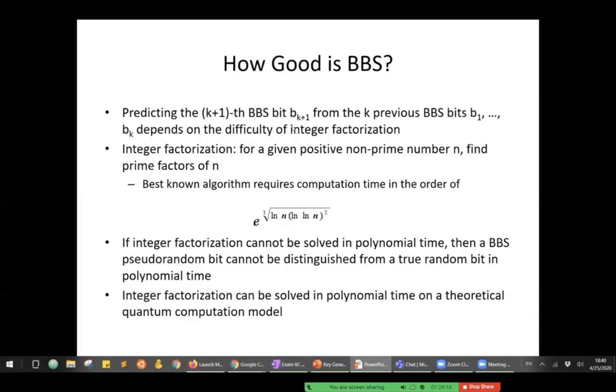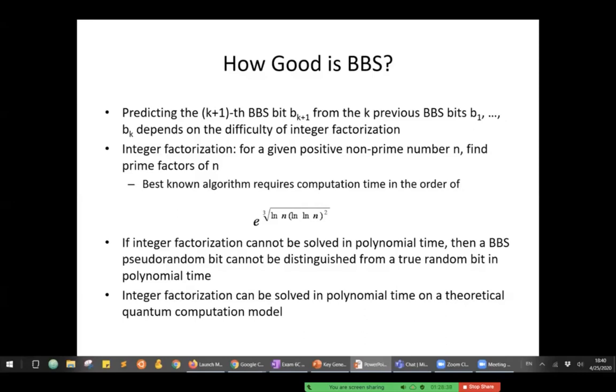Okay, so integer factorization means the following problem. You are given an integer n, and you want to find a non-trivial factor of n. Non-trivial means that the factor is greater than 1 and not the number itself.